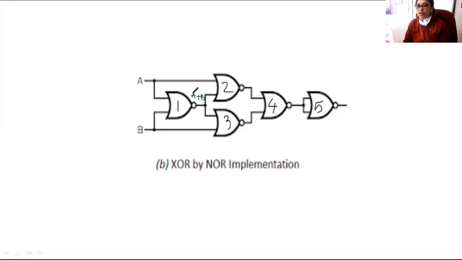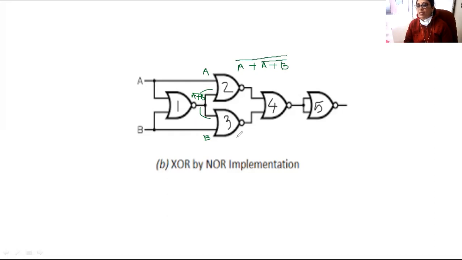(A plus B) bar is applied to both gate number 2 and gate number 3. Another input of gate number 2 is A. Another input of gate number 3 is B. Therefore, the output of gate number 2 will be this quantity plus this quantity, whole bar. So it will be (A plus (A plus B) bar) whole bar.